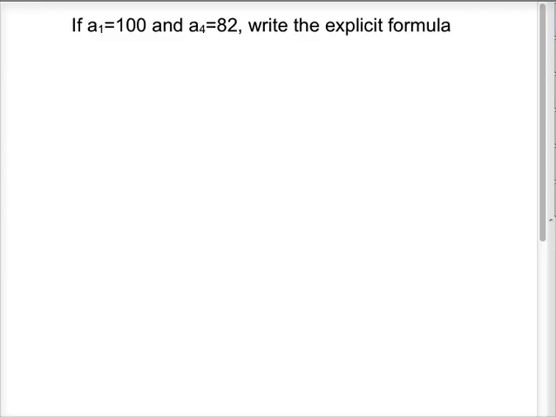So remember, the first thing we want to do is identify what we know. I know that I have my A1 there. I have a future term, which means for that future term, I'm given an n. So once again, what am I missing? I'm missing d.